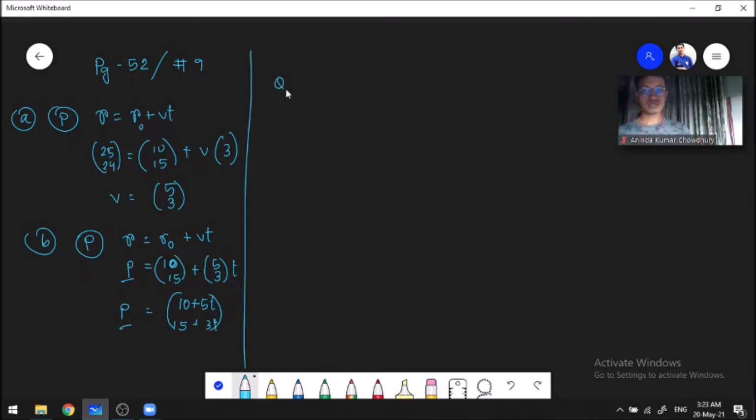Similarly, for Q, we will use the same formula, r is equal to r naught plus vt. We are using vt for displacement because the ship Q is moving at a constant velocity. The initial position vector of Q was minus 16, 26, right? And the velocity of Q is 12i, so that is 12, 0.